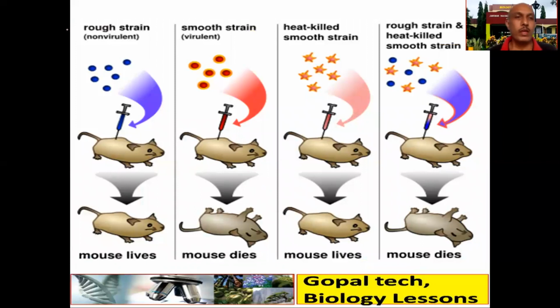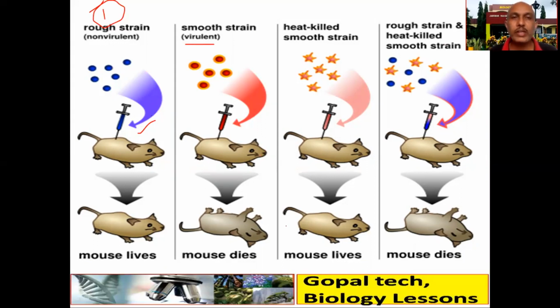Now see, he took the rough strain. This is the first experiment, non-virulent, meaning without any coat. He injected it into a healthy mouse, and you see that the mouse will survive. It does not die. So that is non-virulent. But he injected the smooth strain, which is virulent, into a healthy mouse. So it will die due to pneumonia.